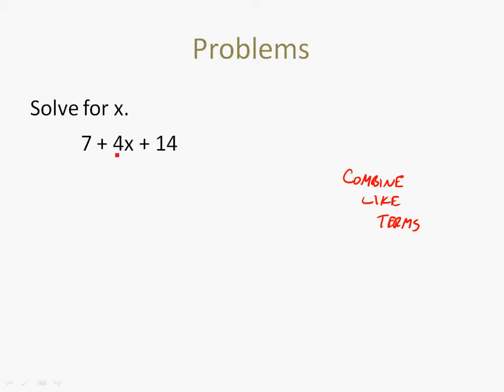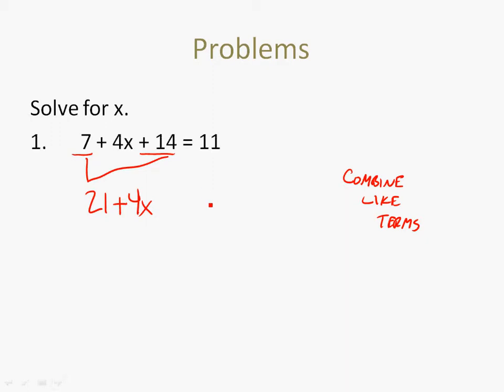So if I'm looking at this, I have 7, I have 4x, I have 14. 4x is the only x. But 7 and 14, those are both constants, so I can combine them together. So 7 plus 14, 21, plus 4x. And now that my left side is completely simplified, I can bring back the 11.